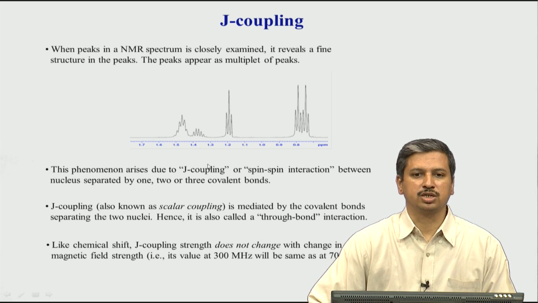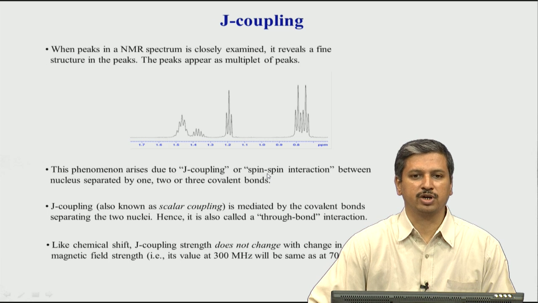So, what is J coupling? J coupling is the interaction between 2 spins, and therefore we also use the word spin-spin interaction. We will look theoretically at where it comes from. Because of this interaction, the peak of each spin is resolved or split into more lines.